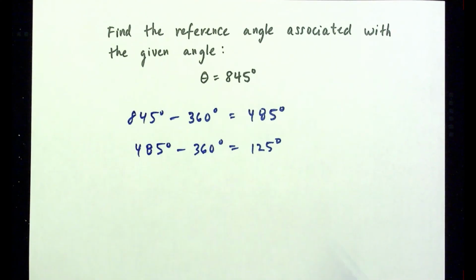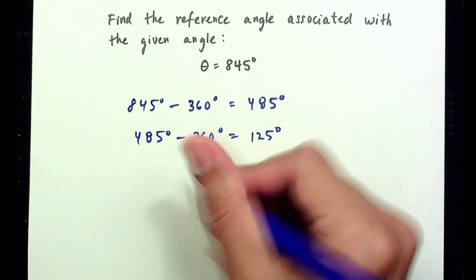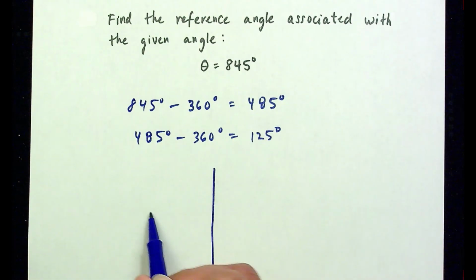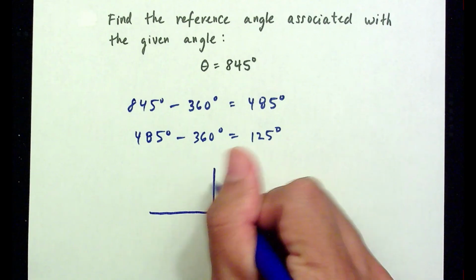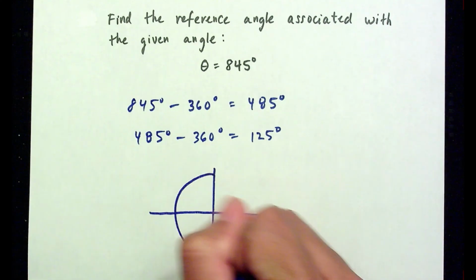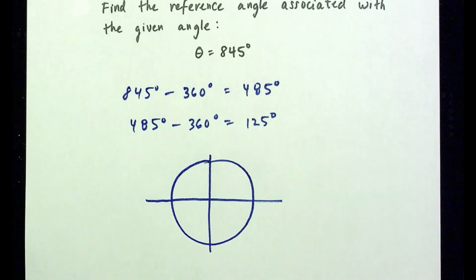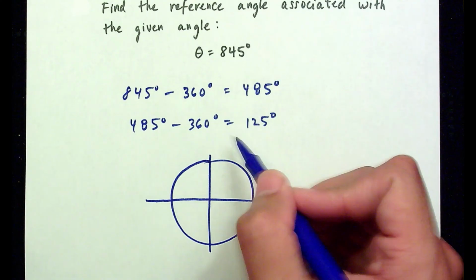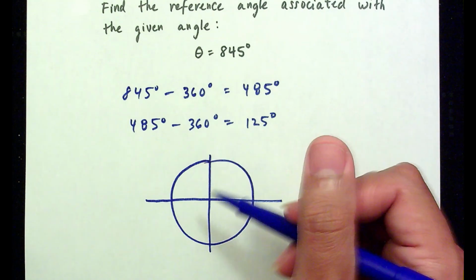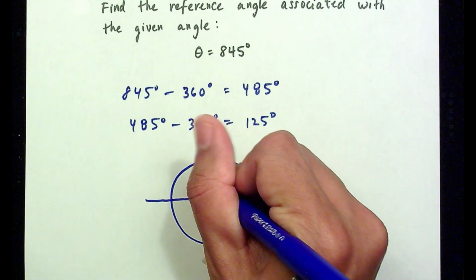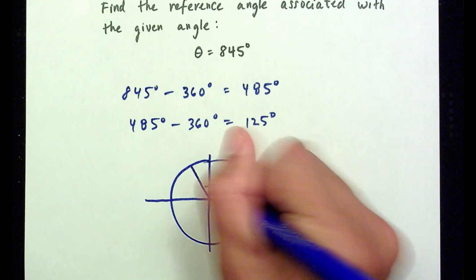For the reference angle, we need to draw a picture. Okay, so that's a unit circle. 125 degrees is in the second quadrant because it's bigger than 90, less than 180, so we draw it somewhere here, and that would be 125 degrees.